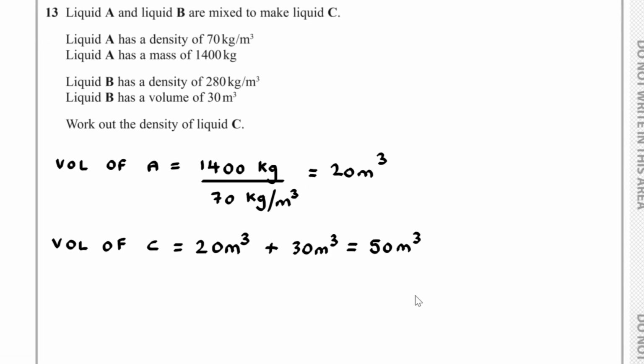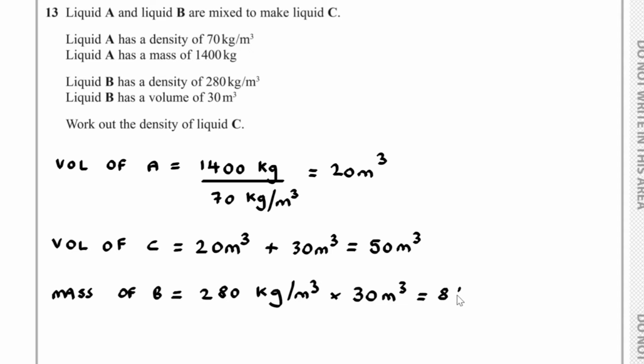So what we can do now is find the mass of B. To find the mass of B, that will equal 280 kilograms per meters cubed multiplied by the volume 30 meters cubed.